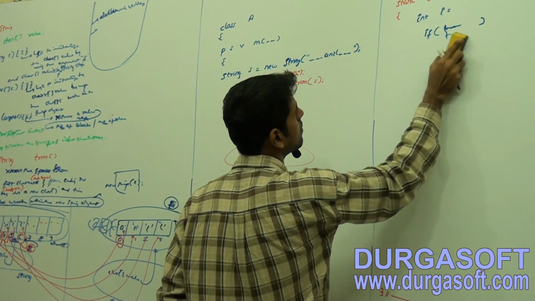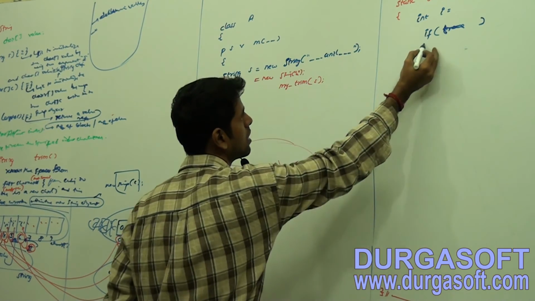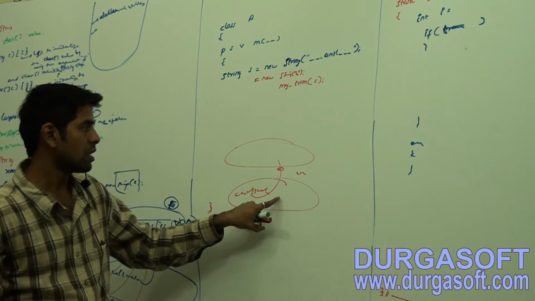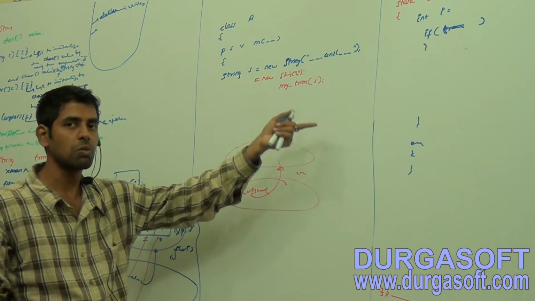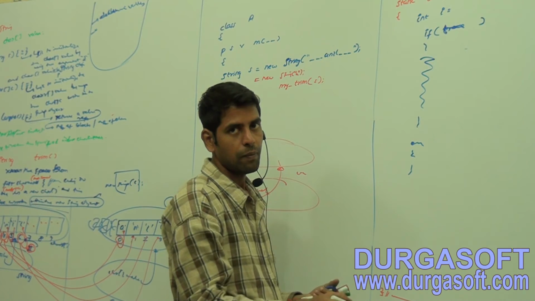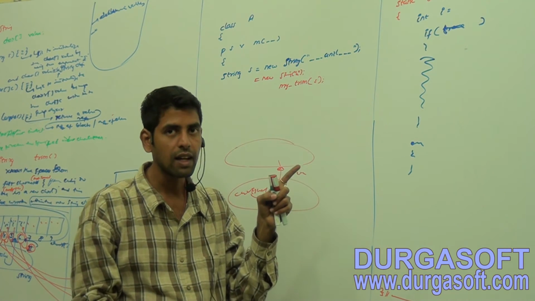Observe here, if it is true, then if I pass this string object, it will execute blindly whatever the code here is, and there will be logical errors. You should not let that happen.